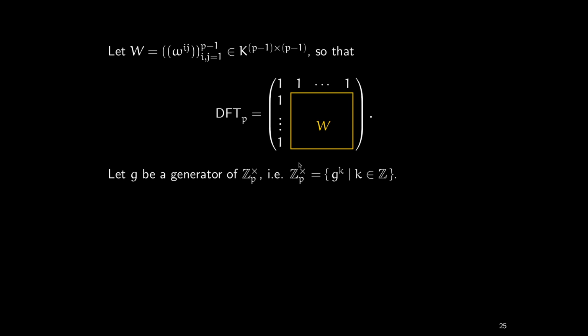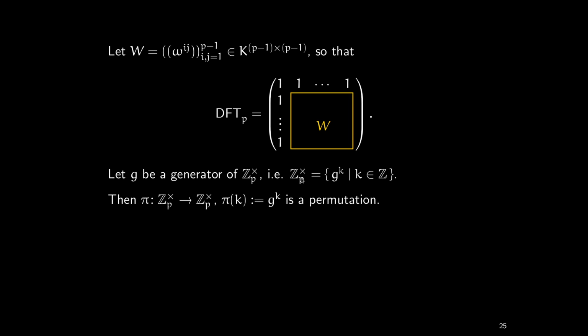So the assumption is that all the powers of G together, I've written here for all integers, but of course I don't need all integers because that's just a finite group. Anyway, so all these powers, they will repeat if I take all integers, but all these powers together form exactly the elements of the multiplicative group of Z_P.